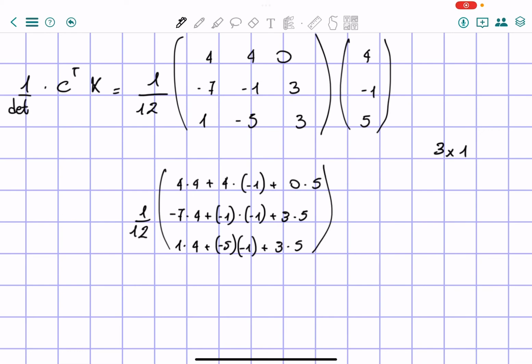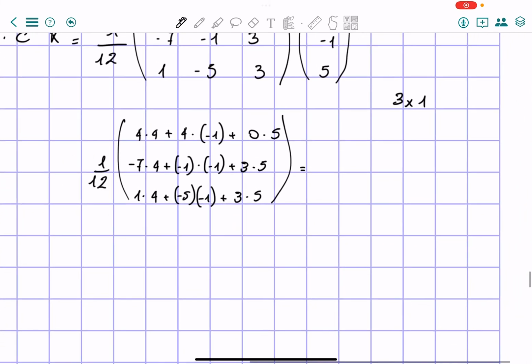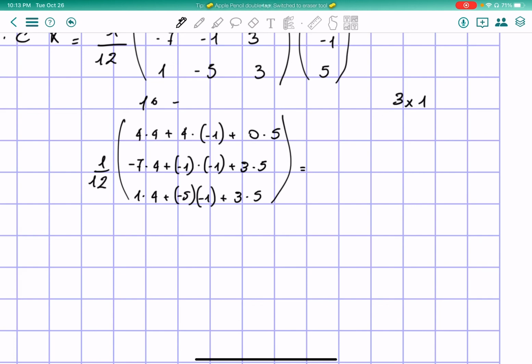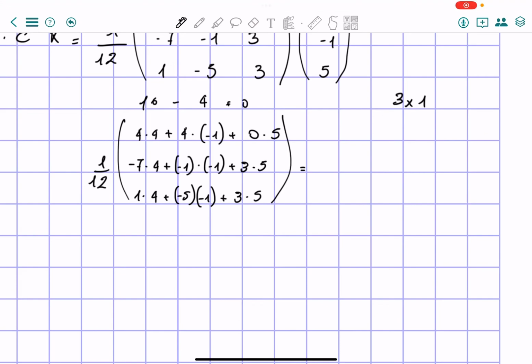So let's solve what we have in here. We're going to have 4 times 4, so 16, minus 4, plus 0, so we're going to have a 12. And then the second one will be negative 7 times 4, 28, plus 1, plus 15.